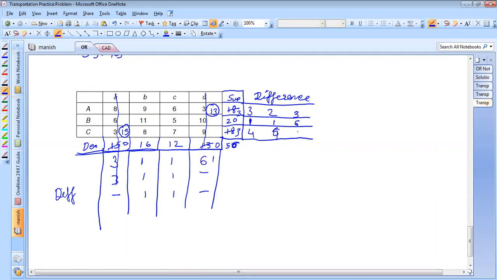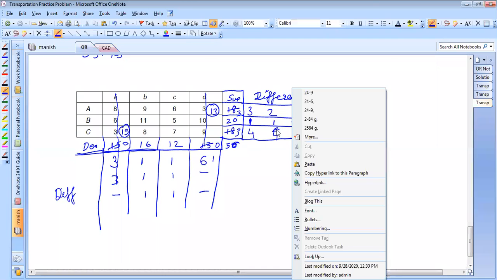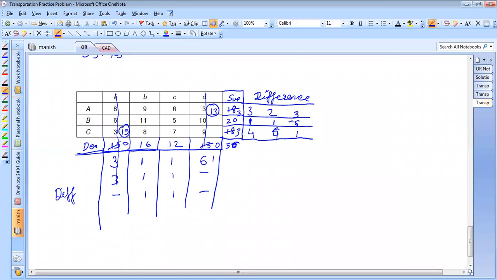7 minus 8 is 1, which is maximum. This is maximum. Okay. So if this is maximum, then we will select 5. In 5, we will make allocation. So allocation is 12. 0, making this as 8. This gets eliminated. Correct? So we will eliminate this.